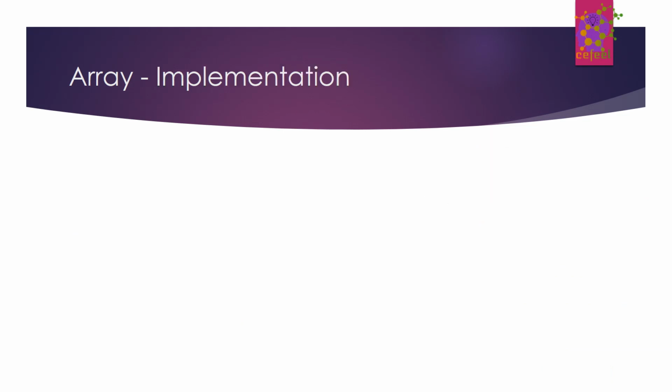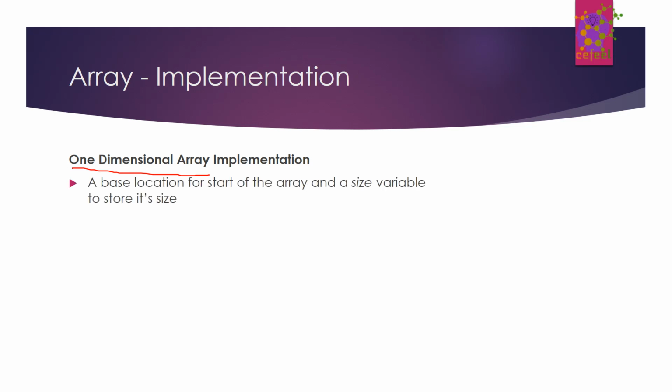Cool. Now let's see how an array is generally implemented. Here we restrict ourselves to a one-dimensional array implementation, but multi-dimensional arrays can also be implemented in a similar way. It's just that we need to extend the notation a little bit.